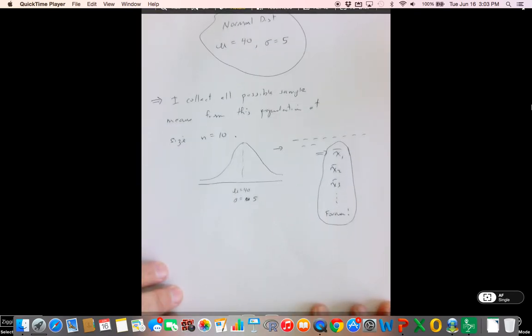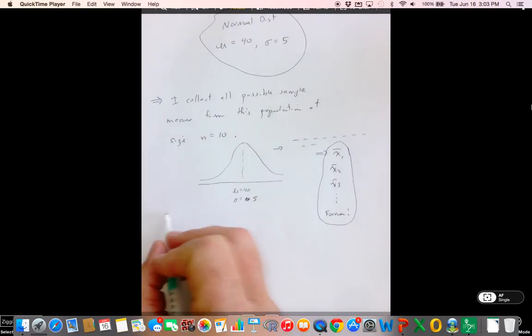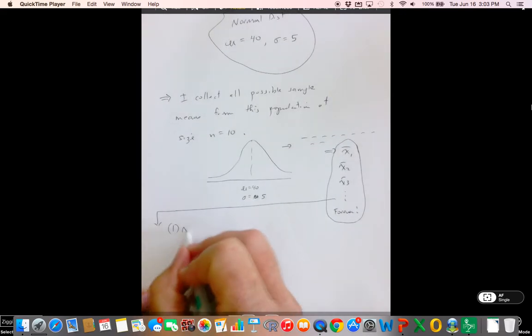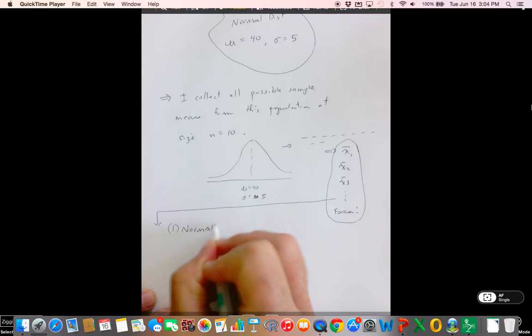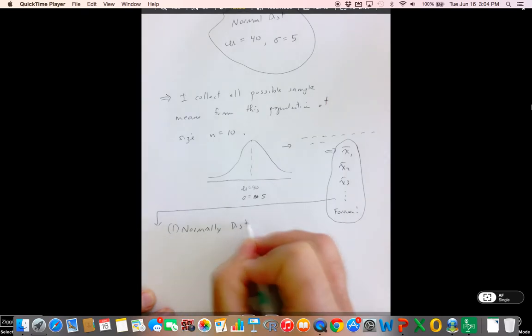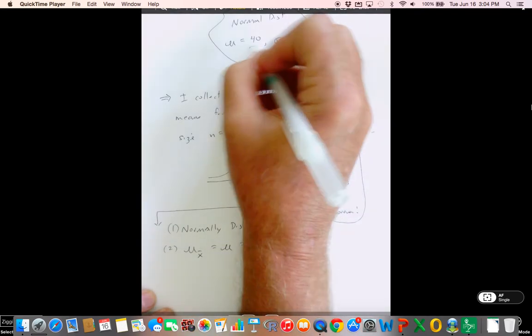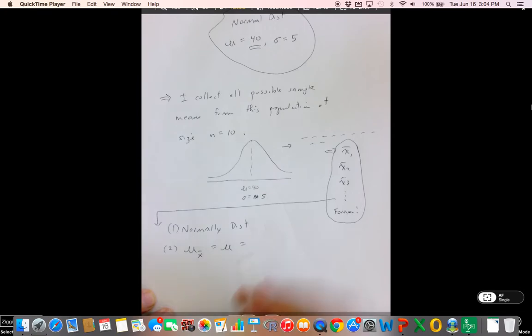The central limit theorem tells me what about these values? They will be normally distributed. They will have a mean equal to the original population mean, which is 40.